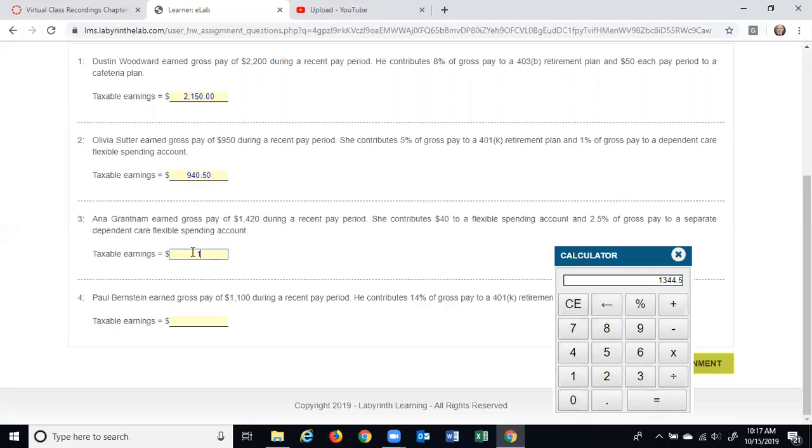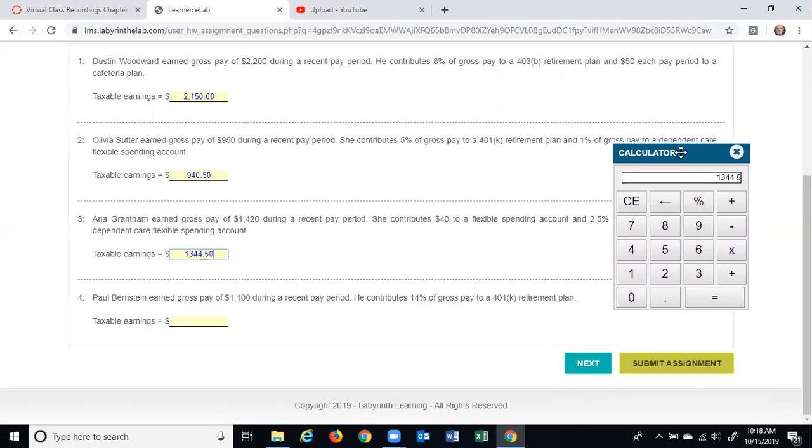So that's the amount. If we were going to go on and calculate Social Security at this point, this is the amount that we would calculate Social Security on. We'd multiply that by 6.2%, and that's the amount that would be deducted from the employee's check, and consequently matched by the employer. So I think you get it.